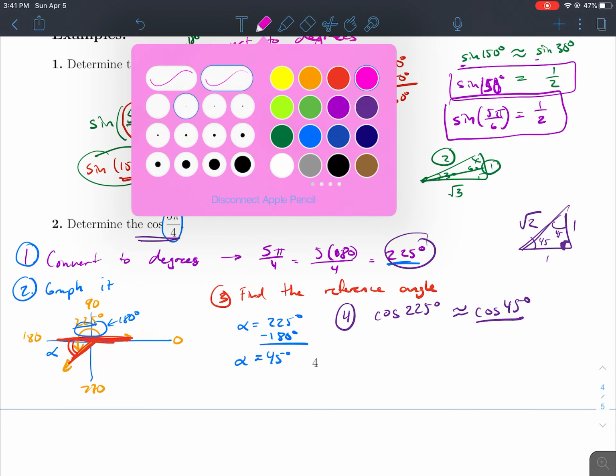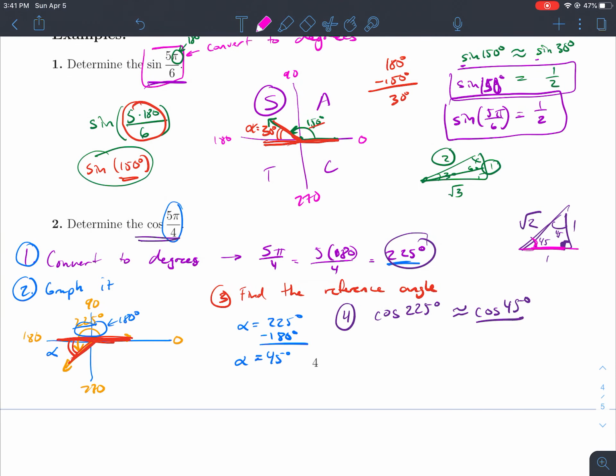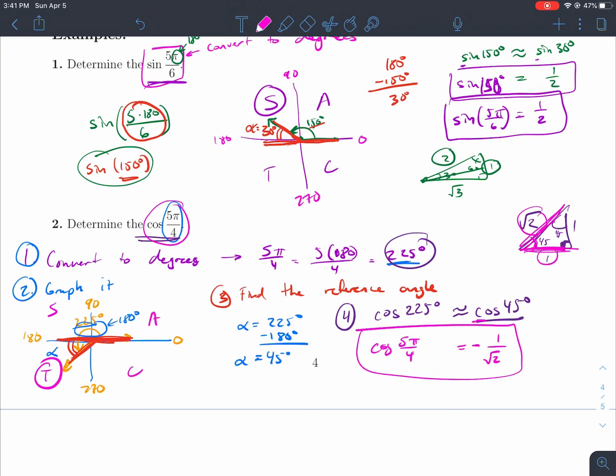Cosine of 45 is going to be adjacent over hypotenuse, so 1 over root 2. And next up, because all students take calculus, it's in the tangent quadrant, so cosine should be negative. And lastly, when we write our answer here, I like to go back to the radians. Cosine of 5 pi over 4 is equal to negative 1 over root 2.